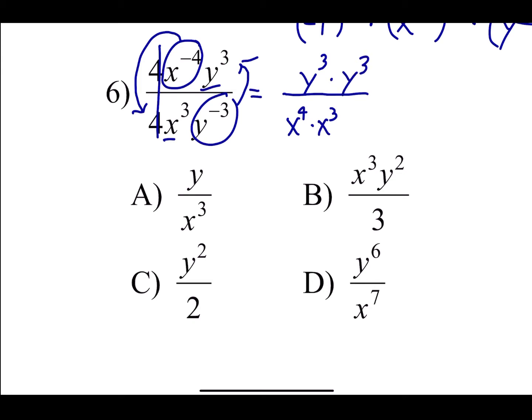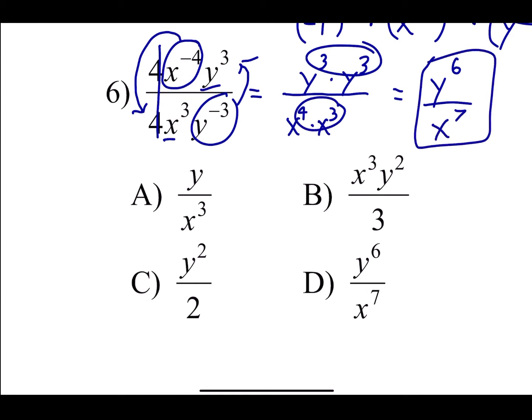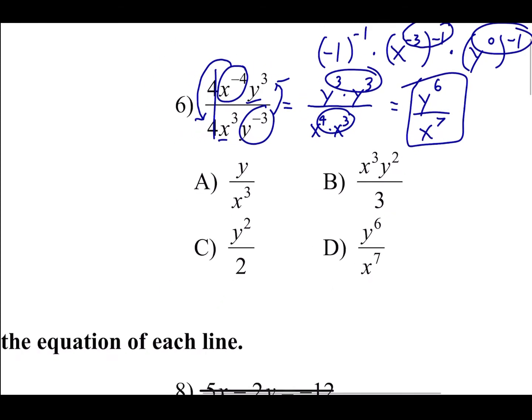Now it's easier to see where things are going to end up. 3 times 3, not 3 times 3, 3 plus 3. We're adding these exponents. 3 plus 3 is 6. 4 plus 3 is 7. And we have our answer. Y to the 6 over x to the 7th power.